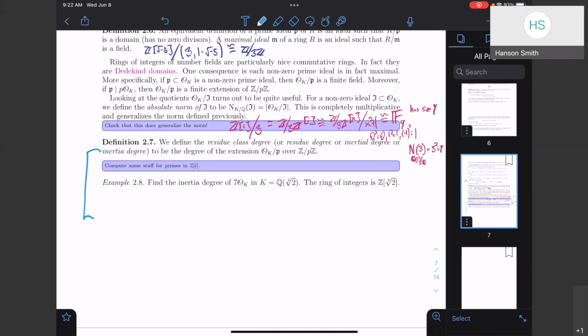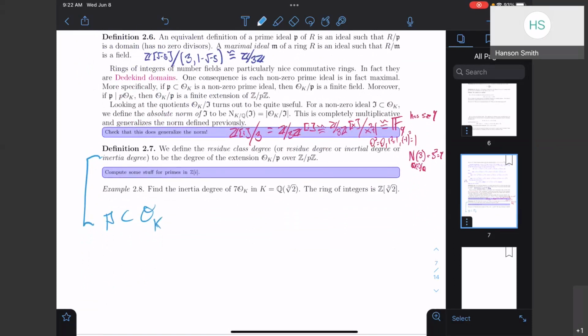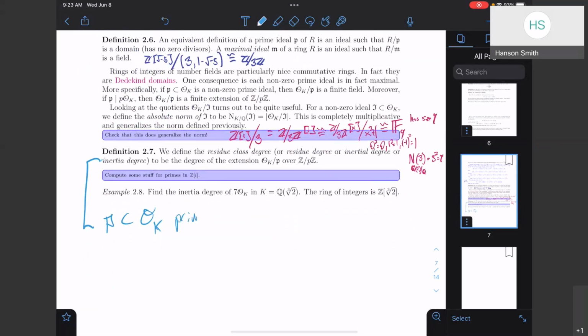And what this is: if I have a non-zero prime ideal P in O_K, and I mod out by it, as I claimed, prime ideals in these Dedekind domains are actually maximal ideals. So when I mod out by it, I'm not just going to get a domain, I'm going to get a field. So if P is prime, O_K mod P is a field.